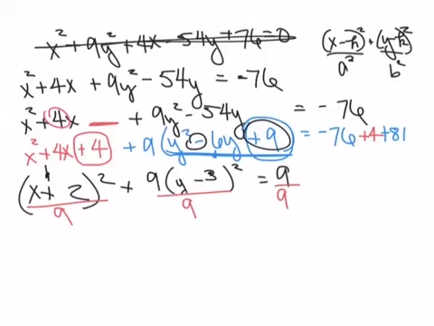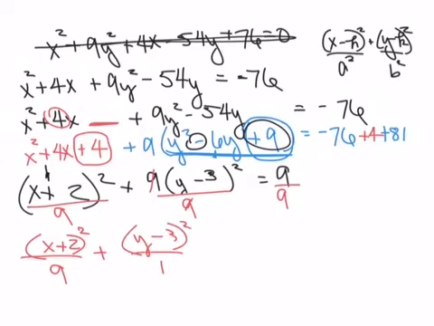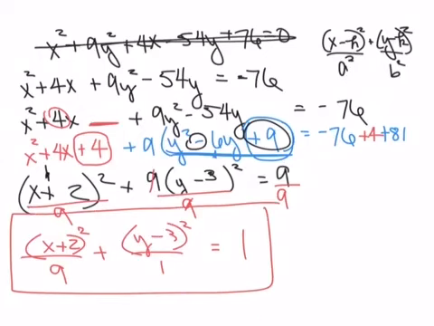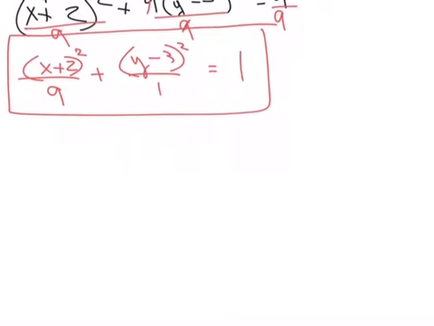So that gives me x plus 2 quantity squared over 9 plus, these cancel, but I'm going to put the 1 on the bottom anyway because I need to have it as a fraction, and 9 over 9 is 1. Okay, so there is my completed solution where all I did was change this original one right here into this one. Okay, now that I'm done with that, I can graph this.